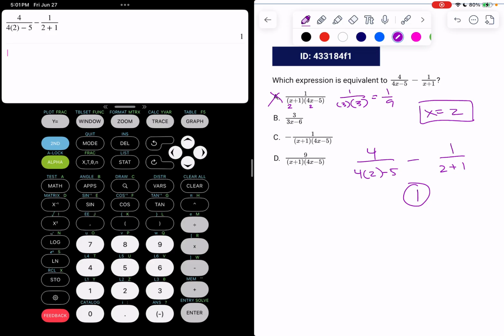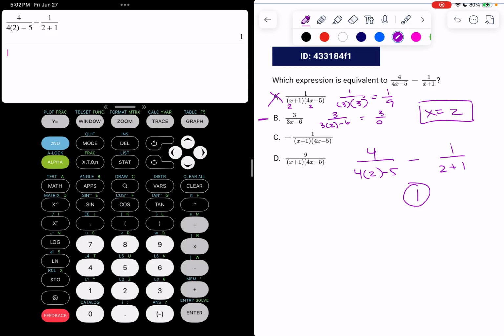This guy here is going to be 3 over 3 times 2 minus 6. That's a little bit weird because that's giving me 3 over 0. That's undefined. So I'm going to say maybe the jury's still out on this one. Yeah, because if it's undefined, I might have just gotten unlucky with a number that I picked. So let's keep that one in. It's undefined. Let's try C.